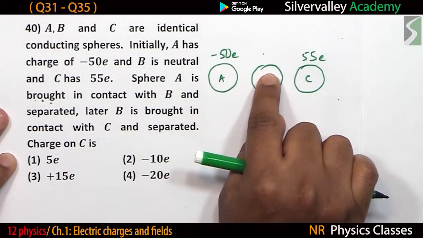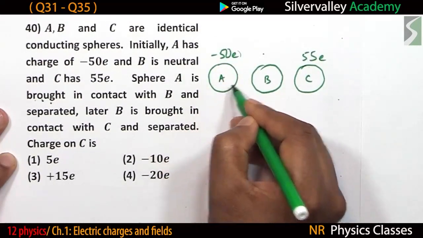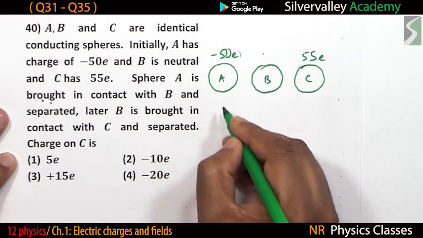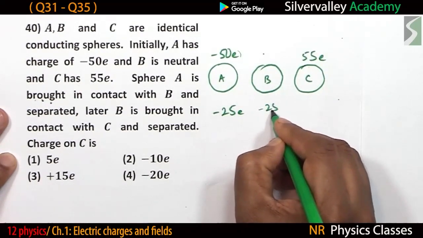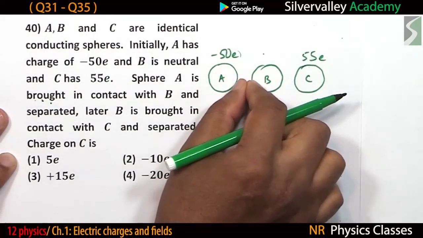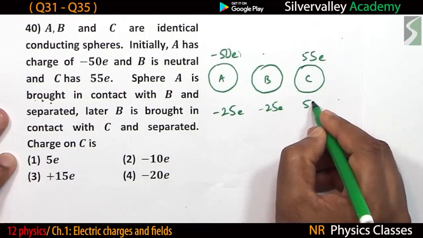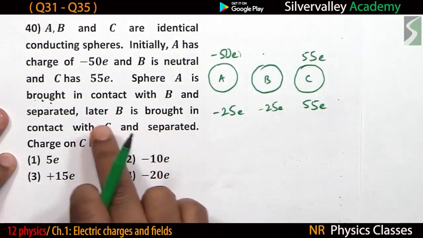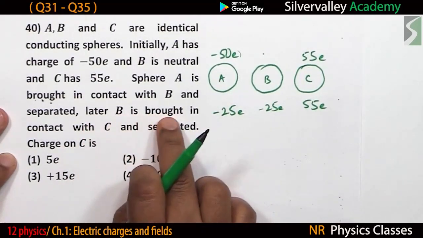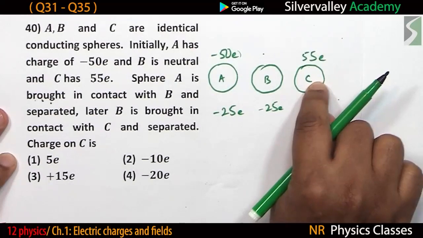This means the charge is shared among these two. So this is minus 25. This is also minus 25 because they are brought in contact and separated. Charge on C is 55 E, untouched. Later, B is brought in contact with C and separated.